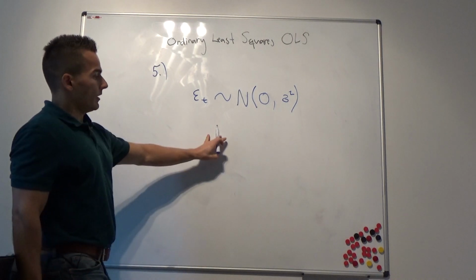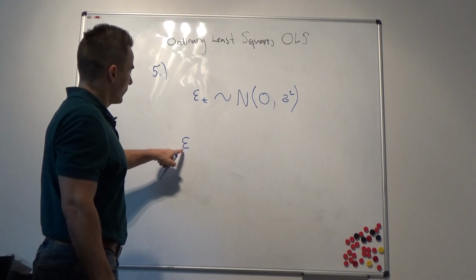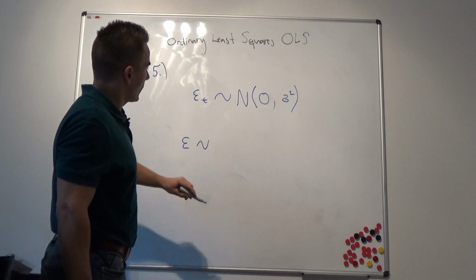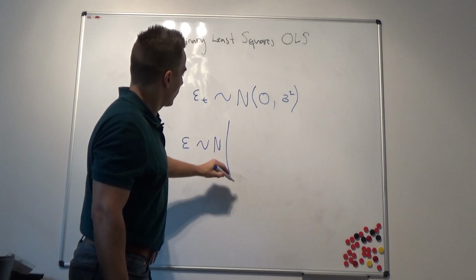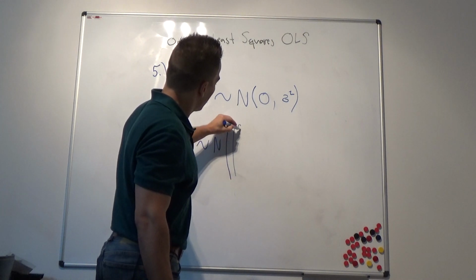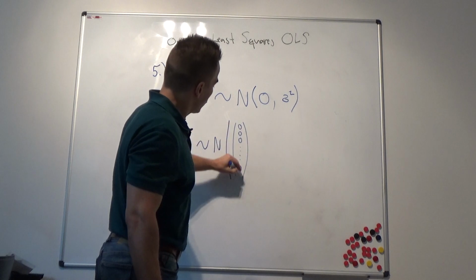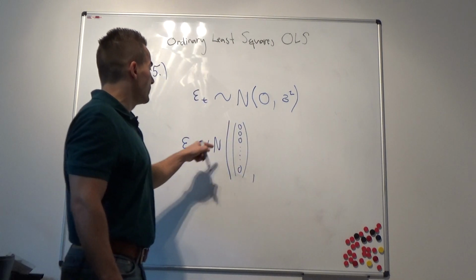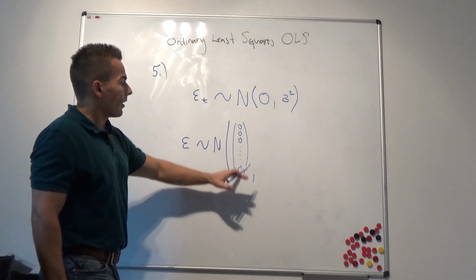If we take it in matrix notation, this is a vector and this is distributed as normal with a vector of zeros, a t by 1 vector, multivariate normally distributed with the t by 1 vector of zeros.